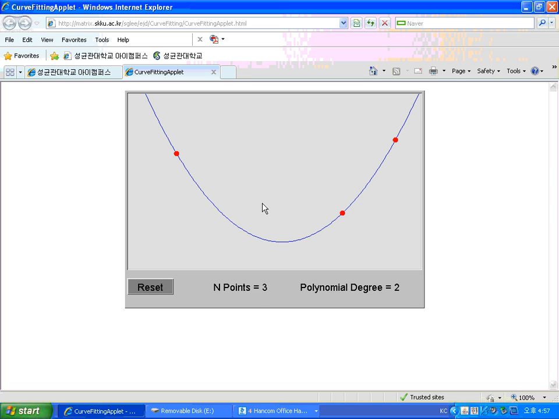If I give one more point, then this is the polynomial of degree 3 that passes through 4 points. Suppose I give another point, then this is the polynomial of degree 4 passing through 5 points. If I give one more, then this is the polynomial of degree 5 that we get from the same algorithm that I showed you, passing through 6 points. So this can be done in this way. You understand?